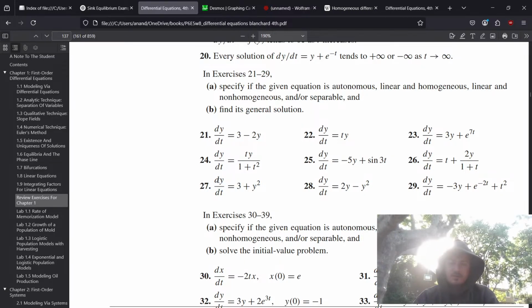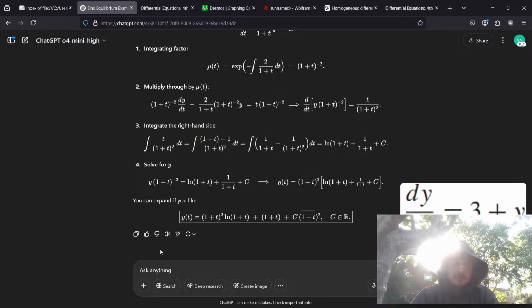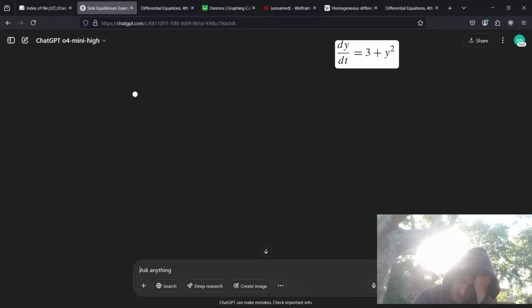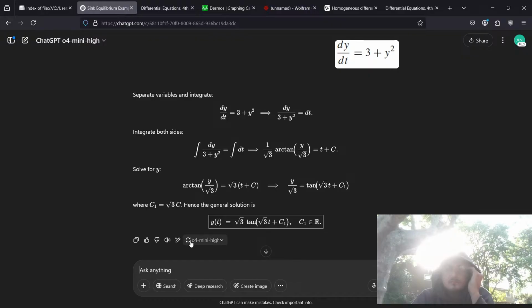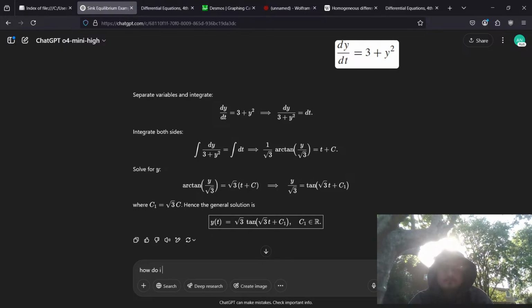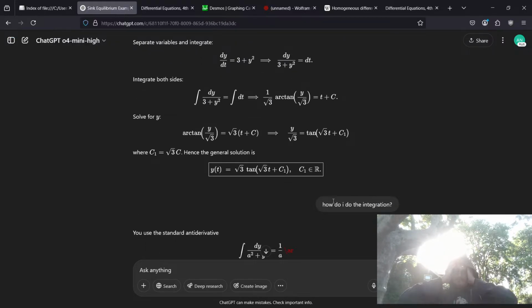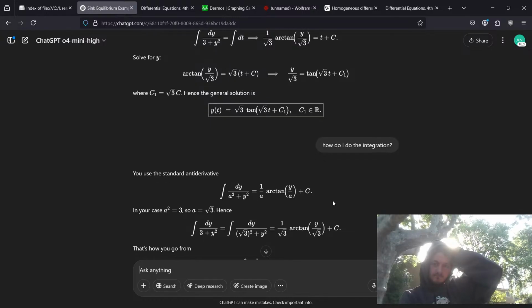I think that one also might be some weird homogeneous linear or something. No, I feel like we must be able to do that one. Why can't I do that?